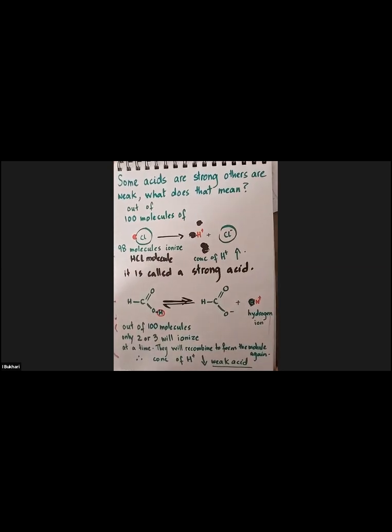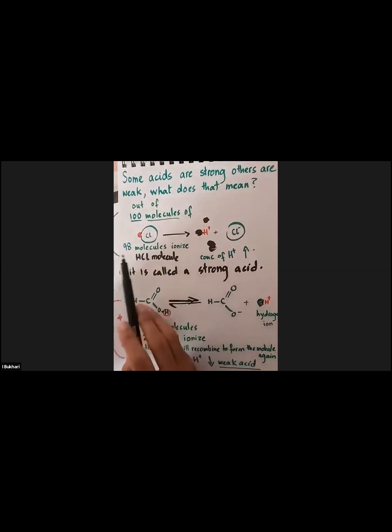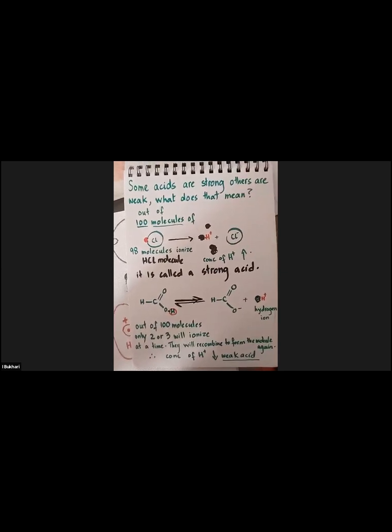Now, the simple explanation is that if, for example, we have 100 molecules of an acid, any acid, just suppose. And out of those 100 molecules, 98 molecules ionized, meaning that only 2 were left unionized, left in the molecular form.